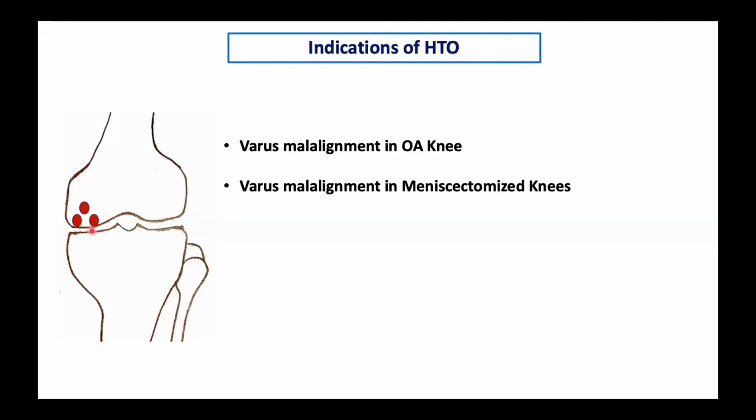Now, we don't want any more load along the medial compartment, so that the meniscectomized or the transplanted meniscus is not going to have more ill effect. In that case, we want to shift the load away from the medial compartment, and this is one of the indications. And chondral resurfacing, for example, mosaicplasty or autologous chondrocyte implantation done on the medial compartment. Again, we want the load to shift towards the lateral compartment. In this case, the high tibial osteotomy is also indicated.